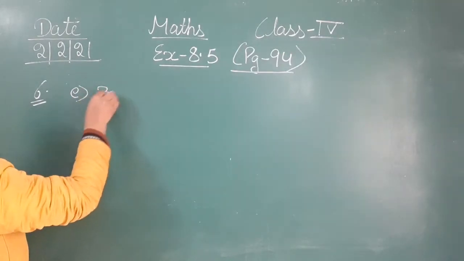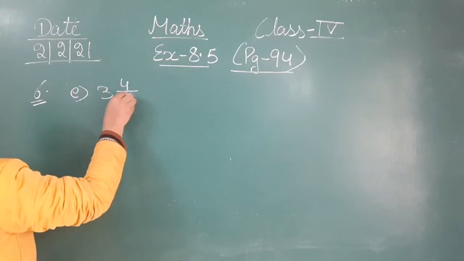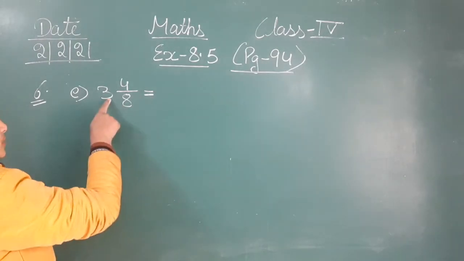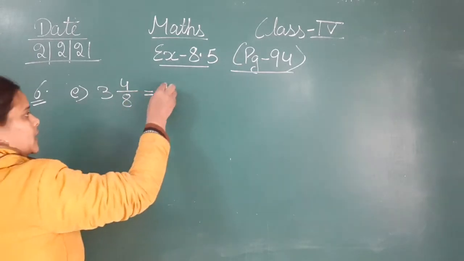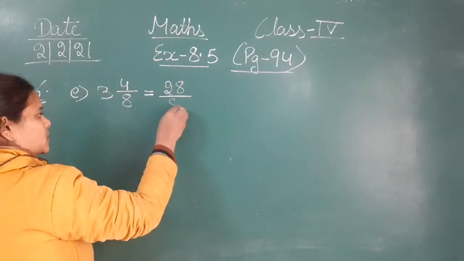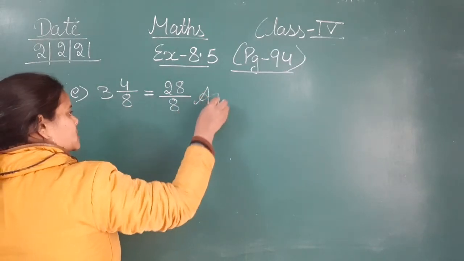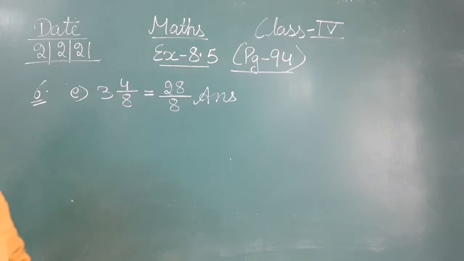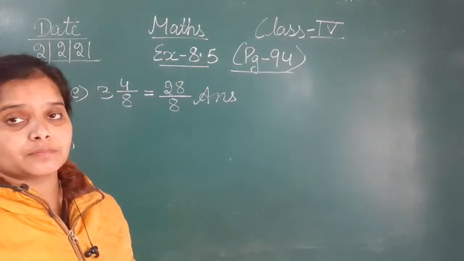So let's convert it into an improper fraction. 8 3s are 24 plus 4, that is 28. Denominator 8. So the answer is 28 upon 8. So this is the solution of the last part of question number 6.